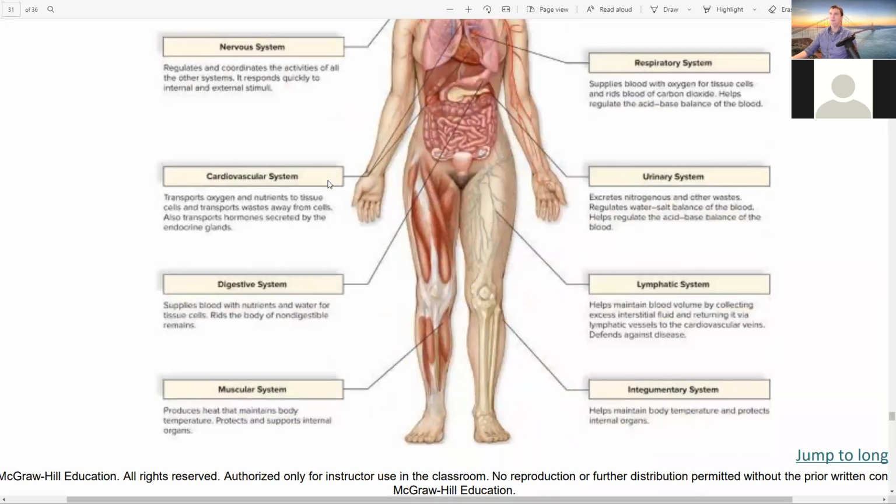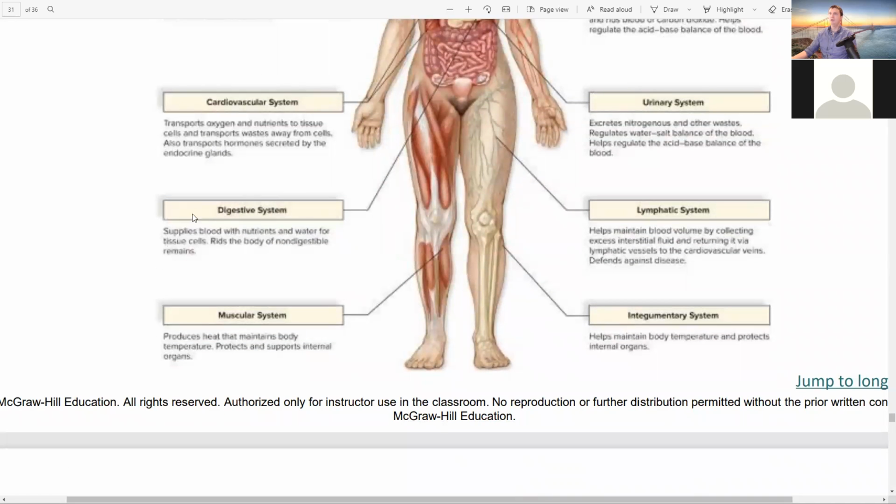The cardiovascular system transports oxygen and nutrients to tissue cells and transports waste away from cells, and also transports hormones secreted by the endocrine glands. Then we have the digestive system, which supplies blood with nutrients and water for tissue cells and rids the body of non-digestible remains.